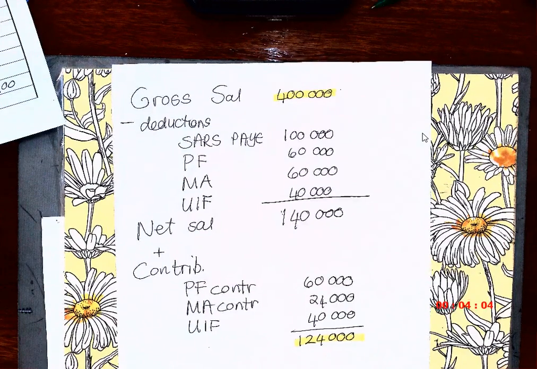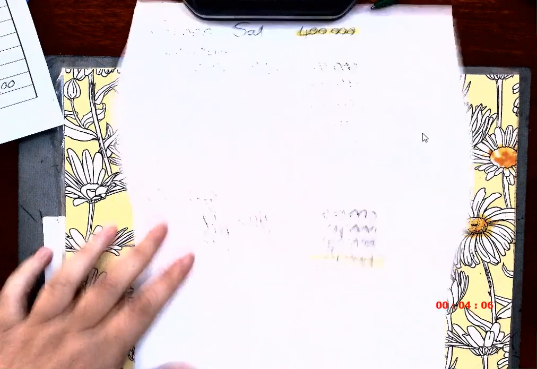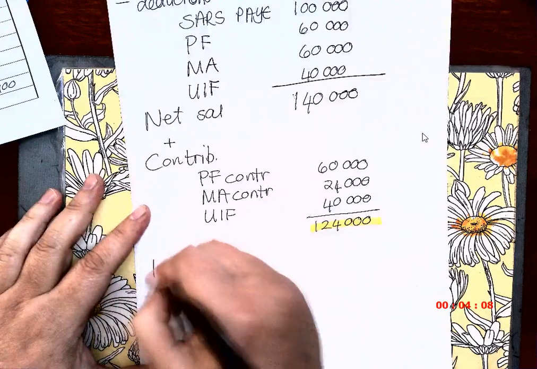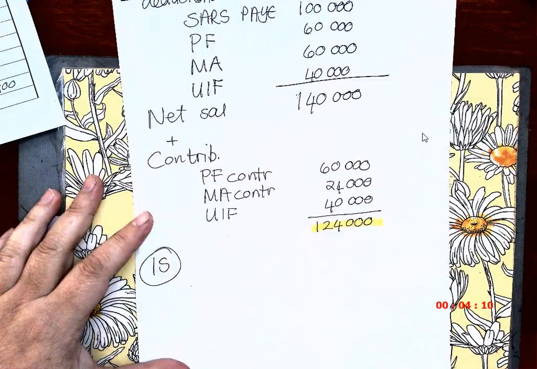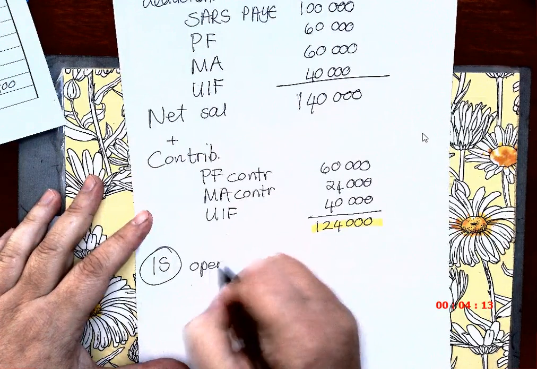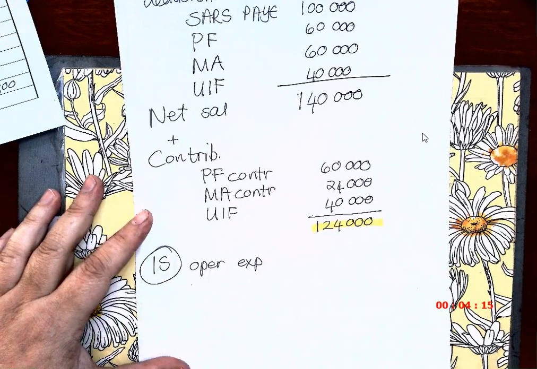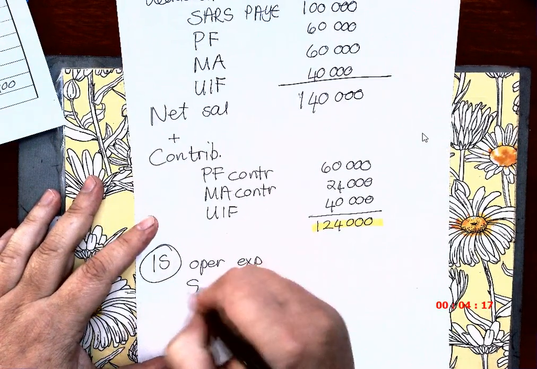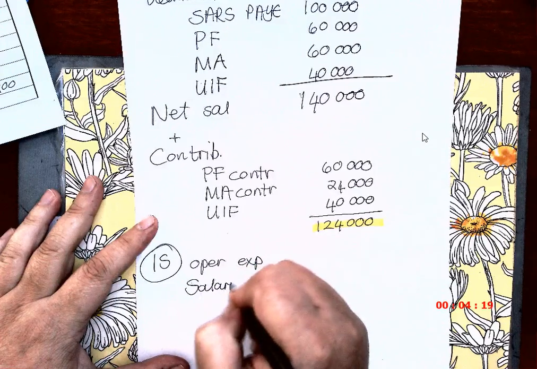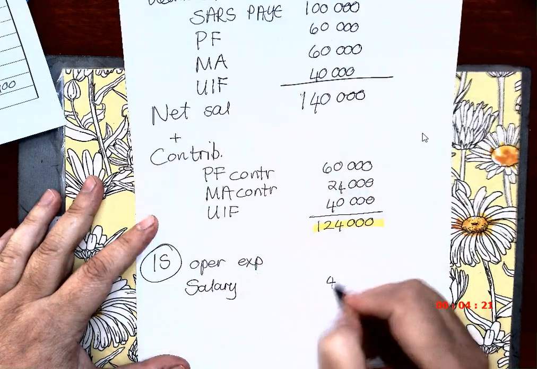So in other words, if I do my books and I ask you to do the income statement, in my operating expenses I'm going to have my salary, and for my salary I'm going to take that gross.